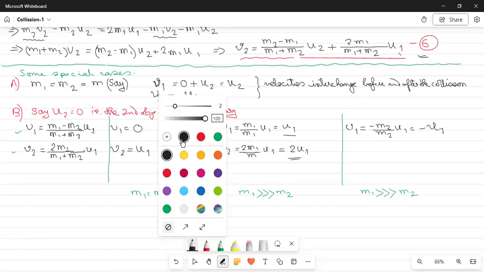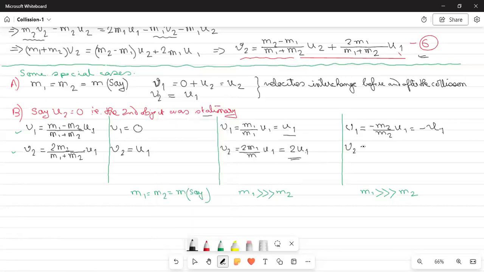And here V2 is equal to 2m1 by m1, equal to 2m1. So here m1 is very large, m2 is ignored.